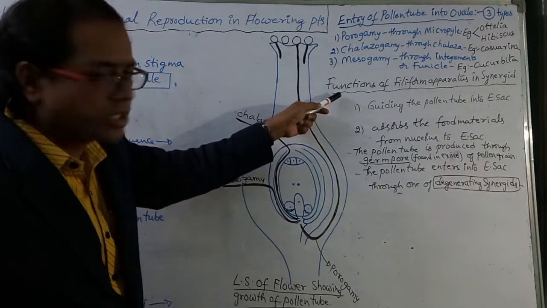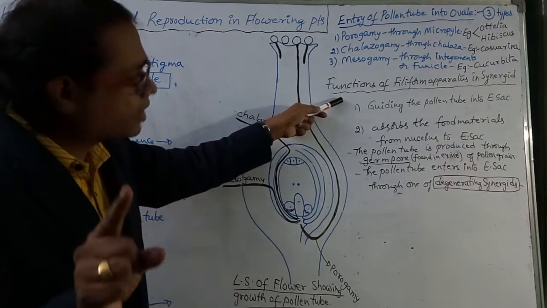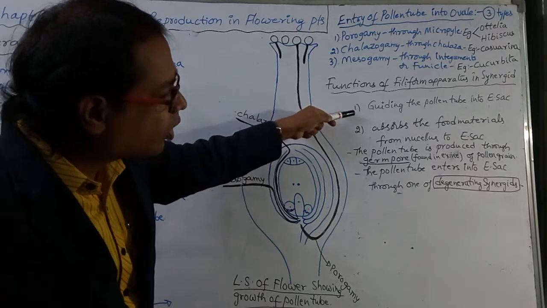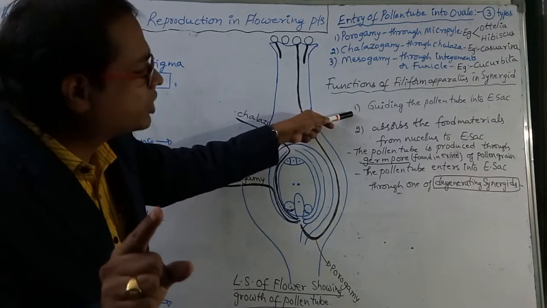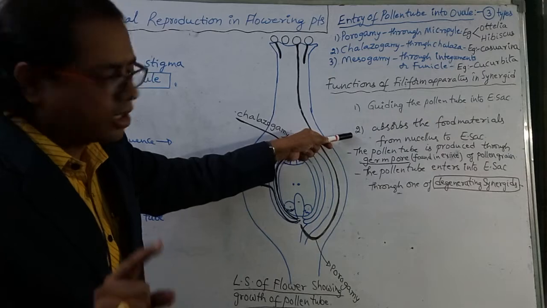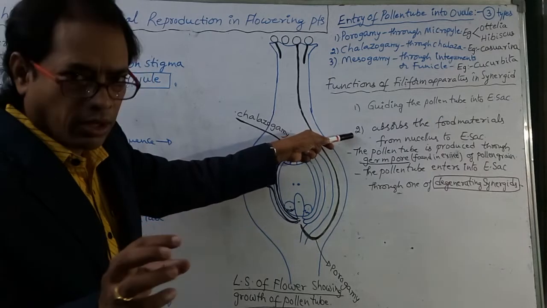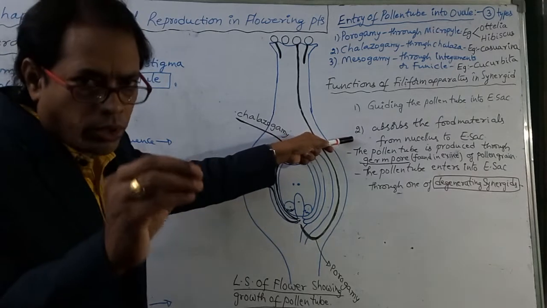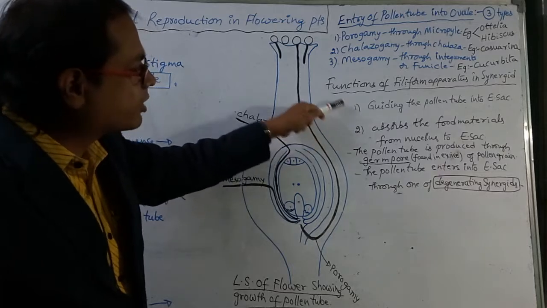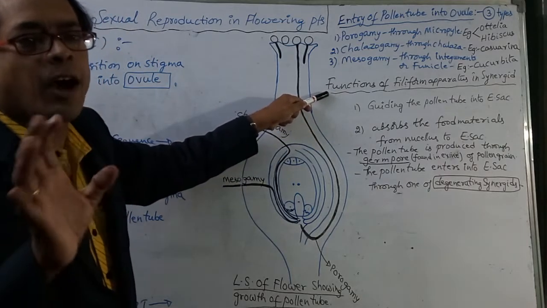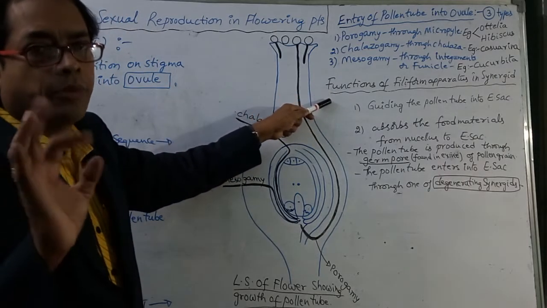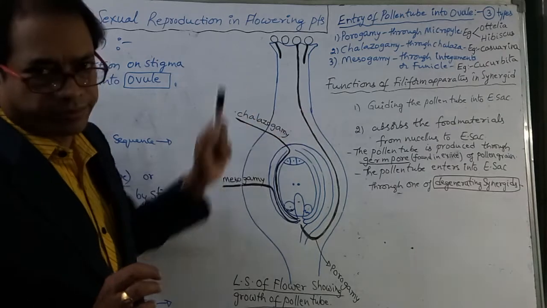So what are the functions of filiform apparatus? Guiding the pollen tube into embryo sac. Next one, absorbs the food materials from nucellus to embryo sac. These two are the functions of filiform apparatus. Very, very important.